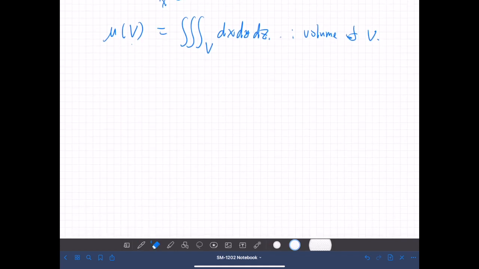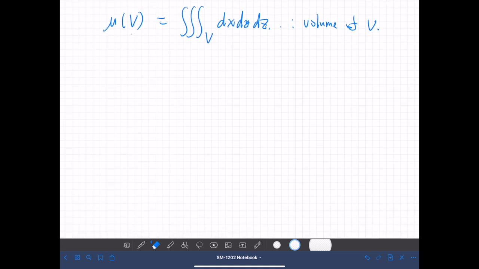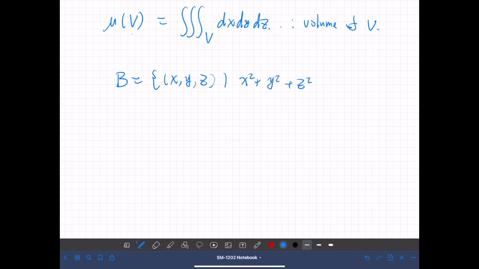As an example, we would like to calculate the volume of a sphere, let's call it B. It's a three-dimensional ball, which is defined as the triples of real numbers x, y, z such that x squared plus y squared plus z squared is less than or equal to a squared.